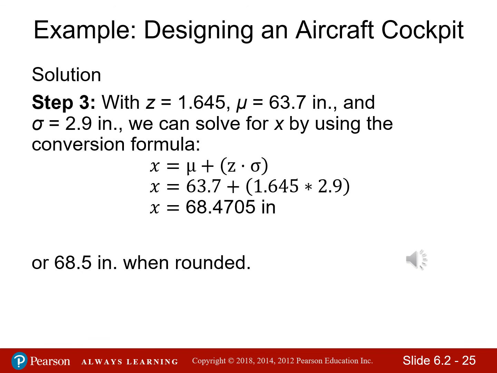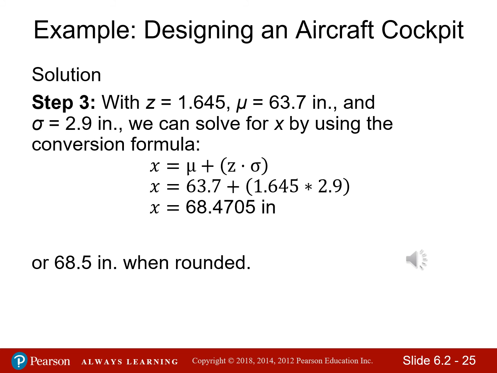Now for step 3. Recall that our z-value is 1.645, our mean is 63.7 inches, and our standard deviation is 2.9 inches. We can solve for x by using the conversion formula x equals mu plus z times the standard deviation.